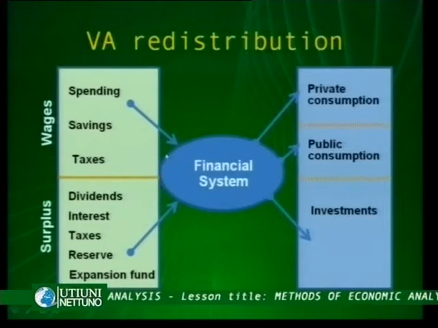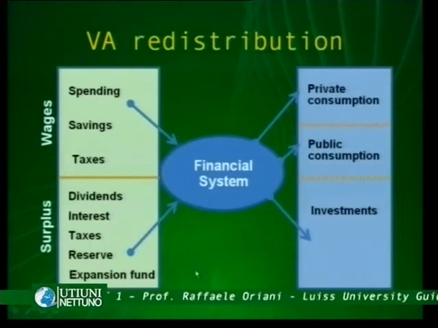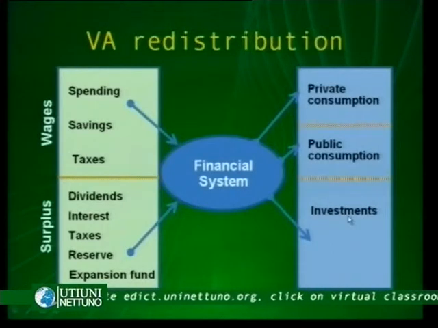It participates in the redistribution of value added and is basically the channel through which the value added is distributed. So here, for example, the spending of individuals passing through the markets and the financial system is transformed into private consumption. Taxes through the financial system are transformed into public consumption, and savings and also dividends, interest, taxes, and so on are transformed into investments, mainly through financial institutions.